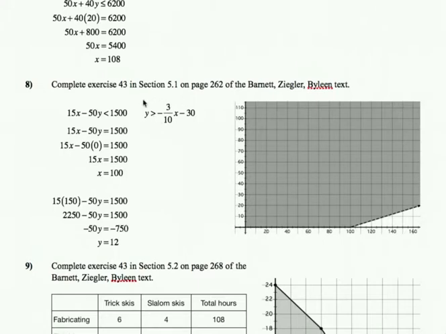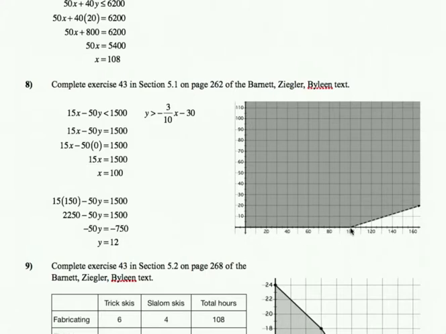And so this is the inequality that we would come up with. So I didn't include the y-intercept of negative 30 here in this graph.